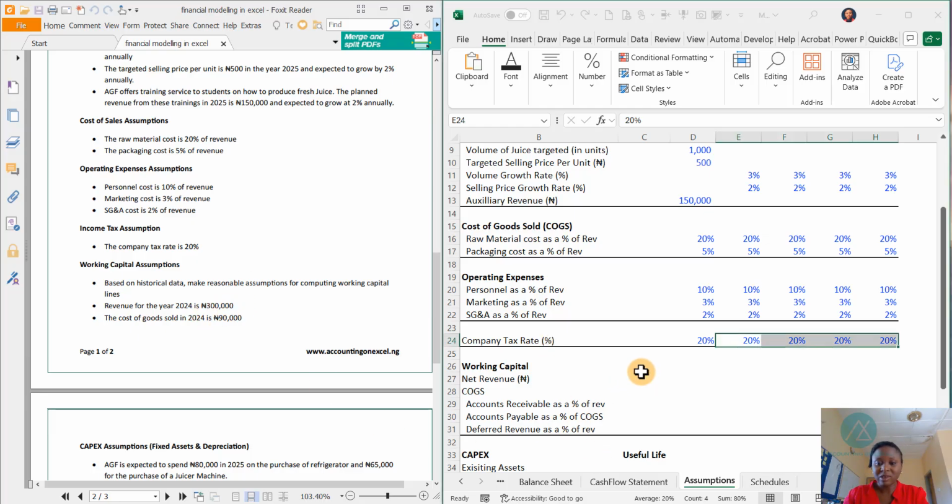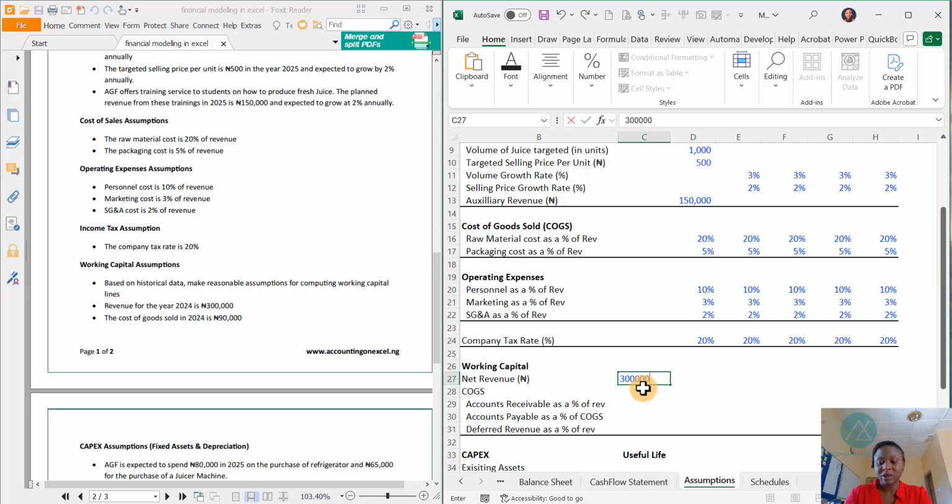So we have to impute it, and it's for 2024. Mind you, column C is 2024. So we impute the revenue for 2024, which is 300,000 Naira, and the cost of goods sold is 90,000 Naira. So this is what we use to compute our working capital. These are the available assumptions we have in the case study for working capital.